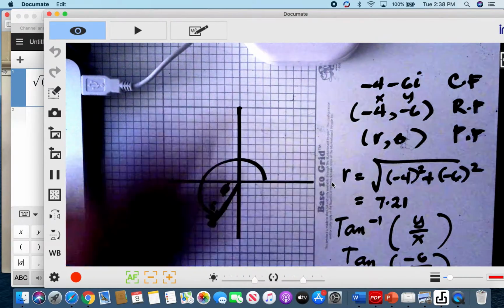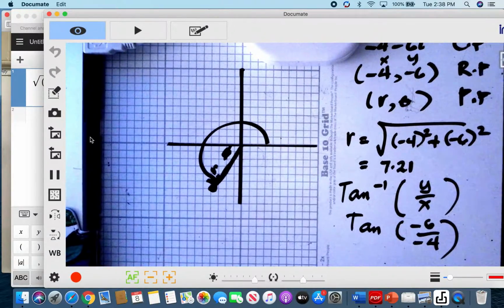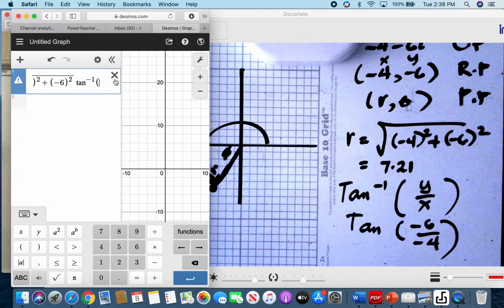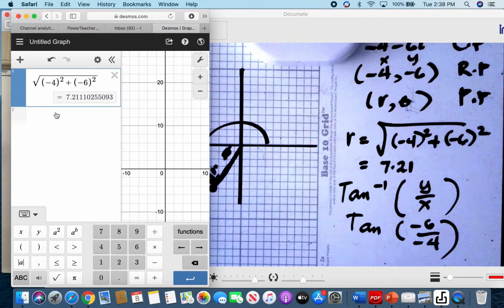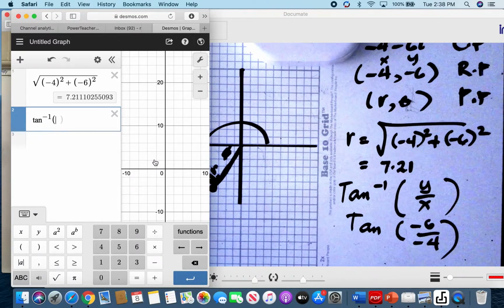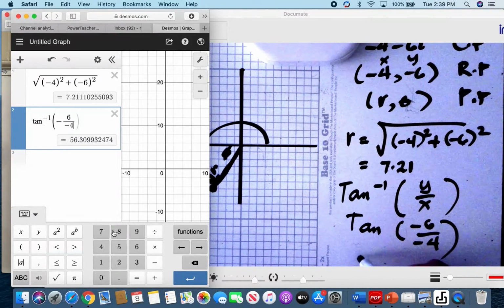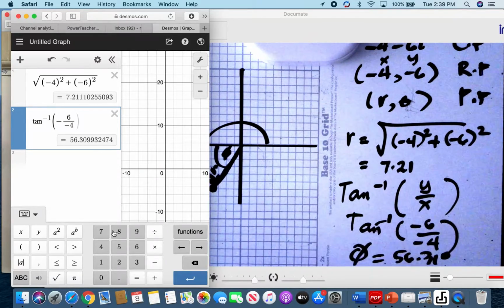So going to our calculator, shift tan, negative 6 divided by negative 4. And it gives us positive 56.31 degrees. So our derived angle is equivalent to 56.31 degrees. And that gives us this measure.